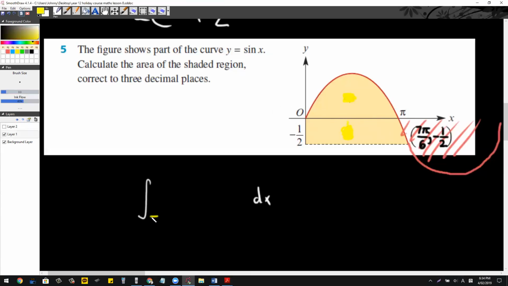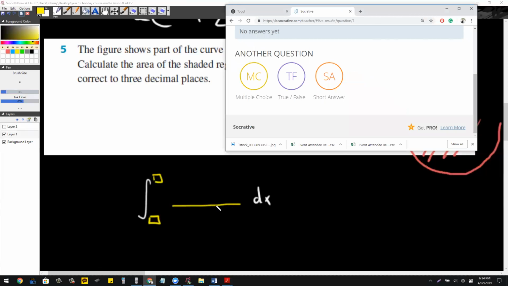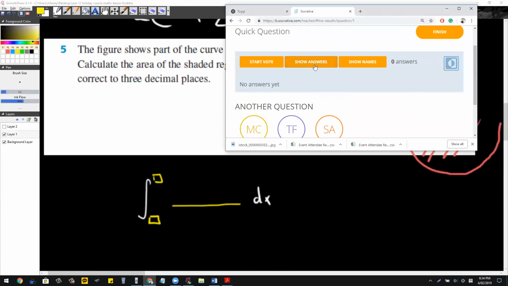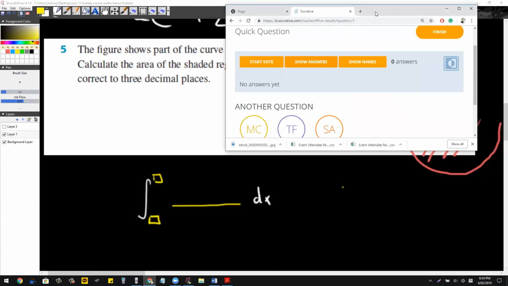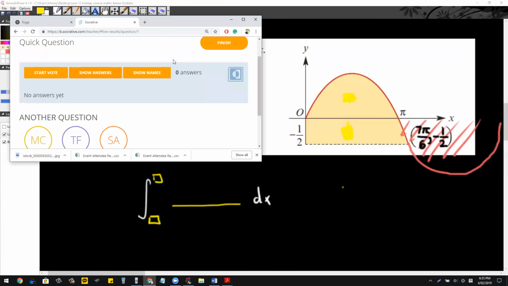And you also have to find this value here and this value here. So I'll wait for 3 answers, and then we'll go through it together, okay?